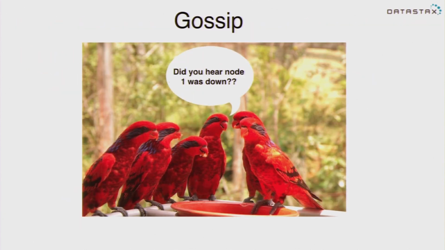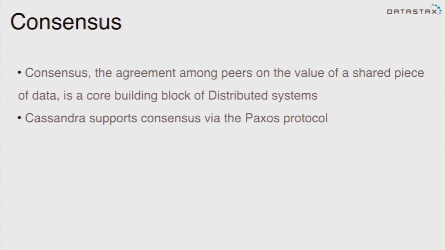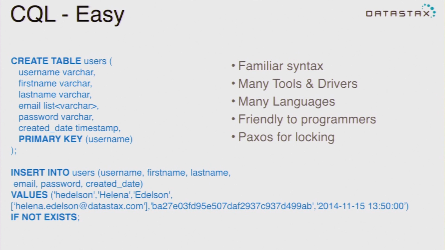There's the gossip protocol, which it uses internally so that each node talks to a few of its peers and shares the information. And then consensus, being the agreement among peers on the value of a shared piece of data. For consensus, Cassandra uses the Paxos algorithm. And you can even use Cassandra to avoid adding Zookeeper. And who would want to work with Zookeeper? I've had to. It's kind of a pain operationally.